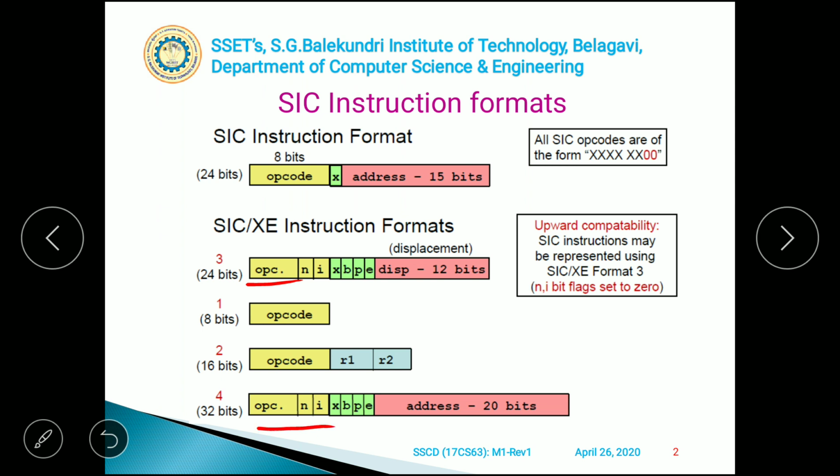The first 6 bits are no problem, but the next two bits, n and i, you have to focus on, and based on that you understand which addressing mode it is. Hence the last 2 bits of any opcode will always be 0. You will come to know that when we see the addresses.